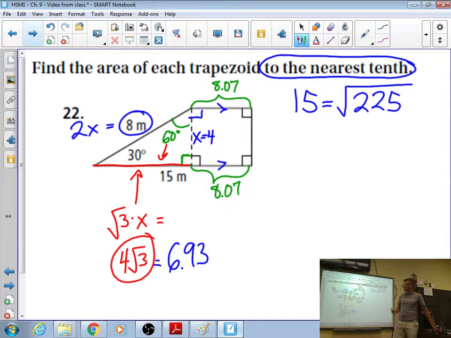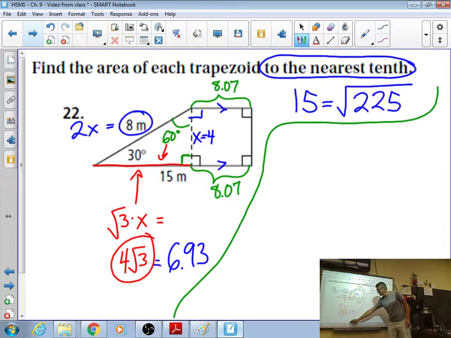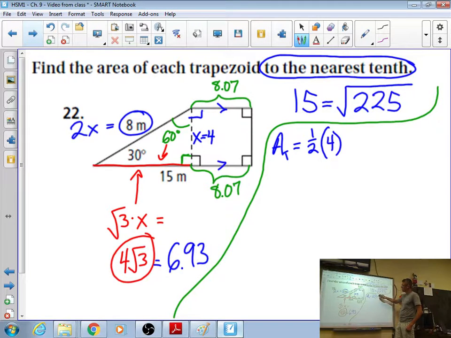If I solve it by breaking it up into 2 shapes, so we're not just using a formula, to find the area of this triangle, it's always half of the base times the height. So we'll say area of the triangle is 1/2. I'm going to do 1/2 the height times the base because that's going to be easier.